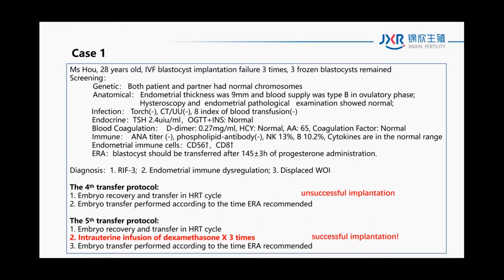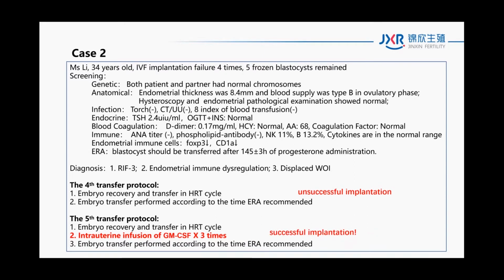And that's one case. Let's move to the second case, who had 4 failed implantations. Like the previous patient, she had no other abnormalities. 2 types of endometrial immune cells were at abnormal levels, Treg and macrophages. The ERA result was to postpone 24 hours. So in the first transfer cycle after ERA, we proceeded with the blastocyst transfer according to the ERA result, without interfering with her endometrium, but this implantation also failed.